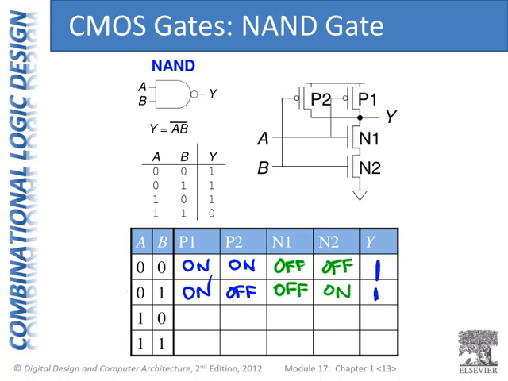So now let's look at the next case, where A is 1 and B is 0. Well, symmetry would tell us that it would be a similar result, but we can go ahead and analyze it. B is 0, so P2 is on. A is 1, so P1 is off.